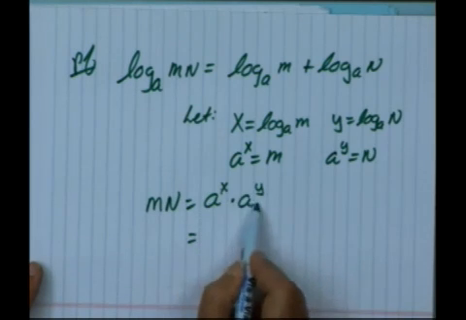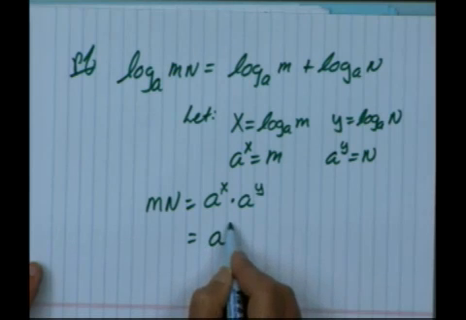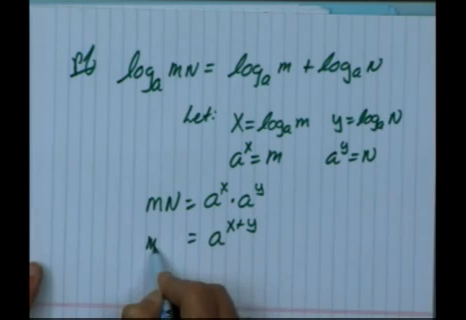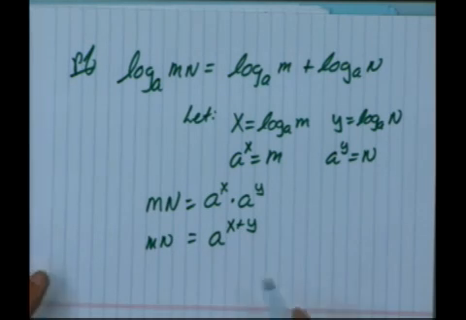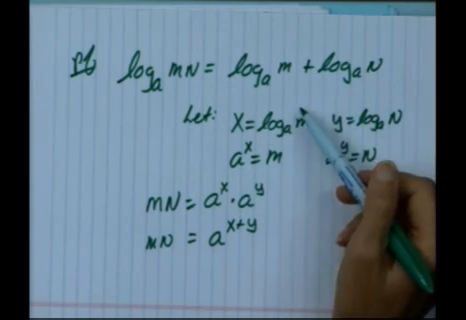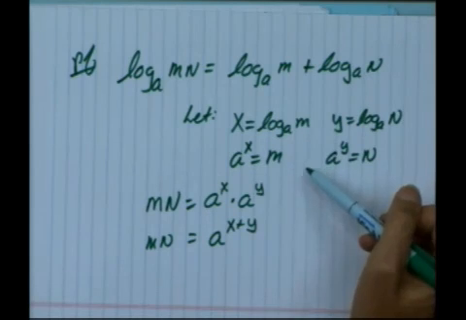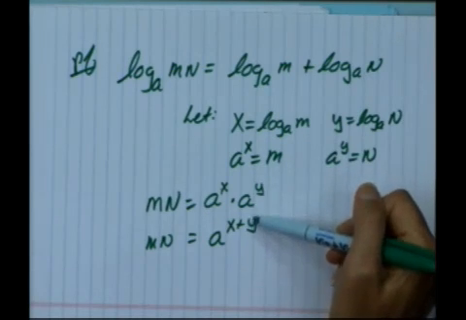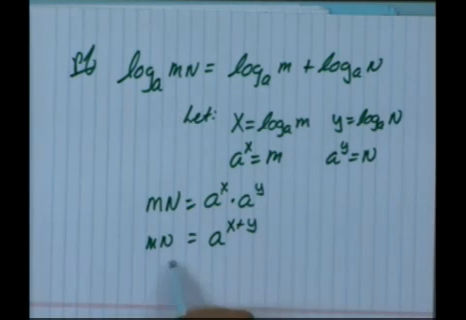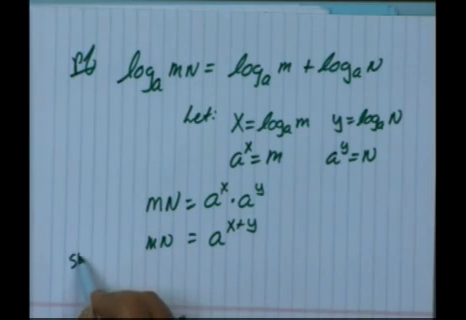You add. When the bases are the same, you add, so you got a to the x plus y equals mn. All right, so what you've done is you didn't have a clue what to do with these logarithms. You switched it to an exponential form. You applied the properties of exponents that you understand, and then you go, okay, well, let me switch it back to log form.